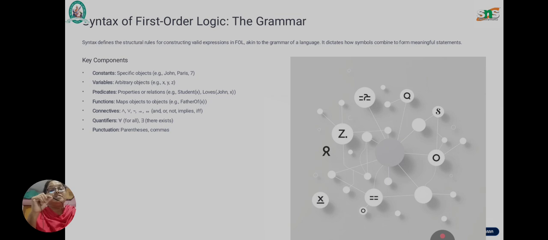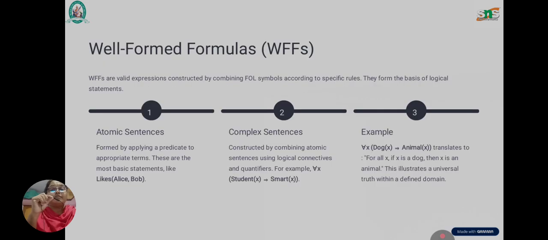And punctuations, as in programming languages, are parentheses and commas, which are used to separate the quantifiers or functions or parameters used in the program. Well-formed formulas are valid expressions constructed by combining the first order logic symbols according to specific rules.